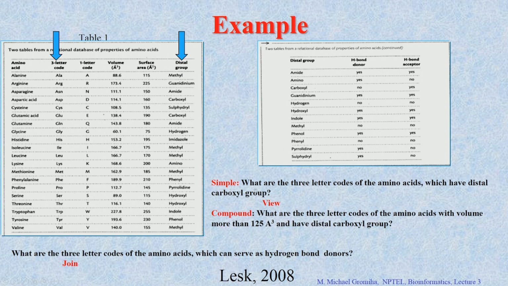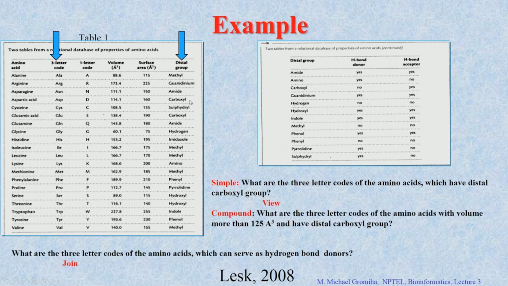Now, the question is, what are the 3-letter codes of amino acids which have a distal carboxyl group? So, what to do? Go to the distal group. The question is the carboxyl group. So here is the carboxyl, here is the carboxyl.